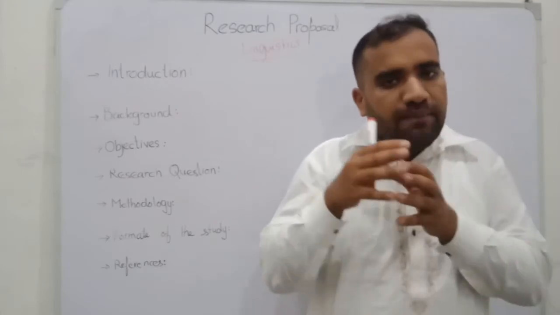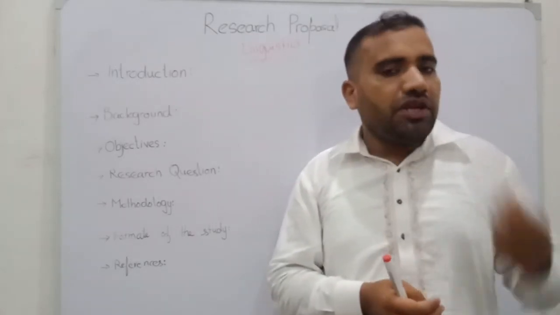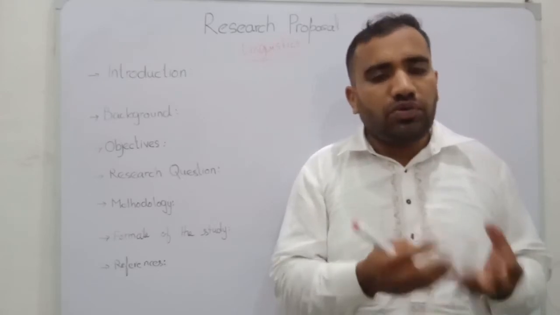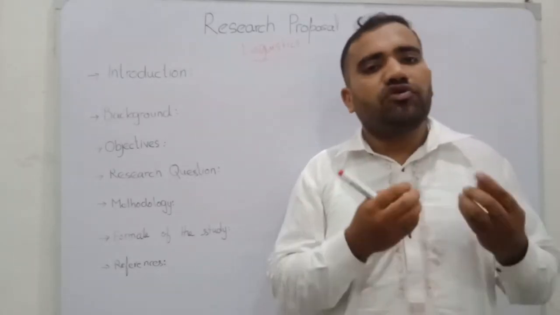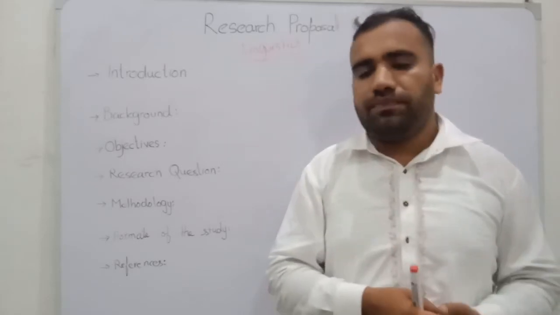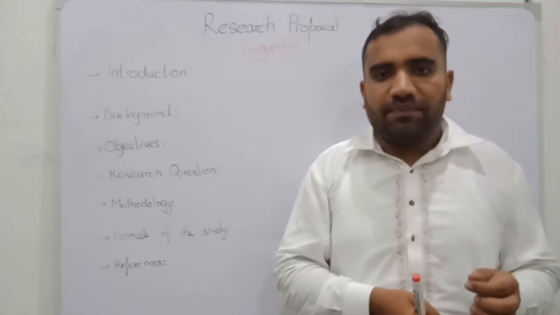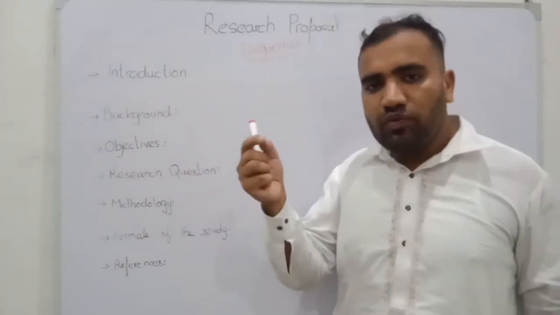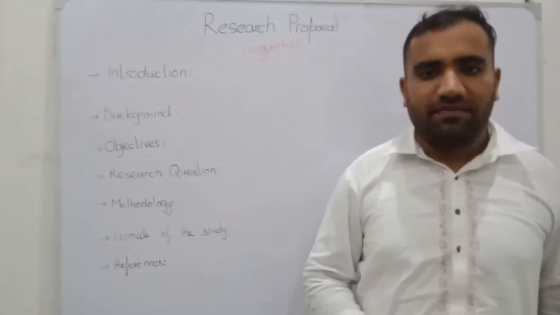And when you write in this style, the reader will easily find out what actually you want to do, what actually you want to say, what actually you want to describe in your research proposal. And then, after that, you have to formulate your objective.